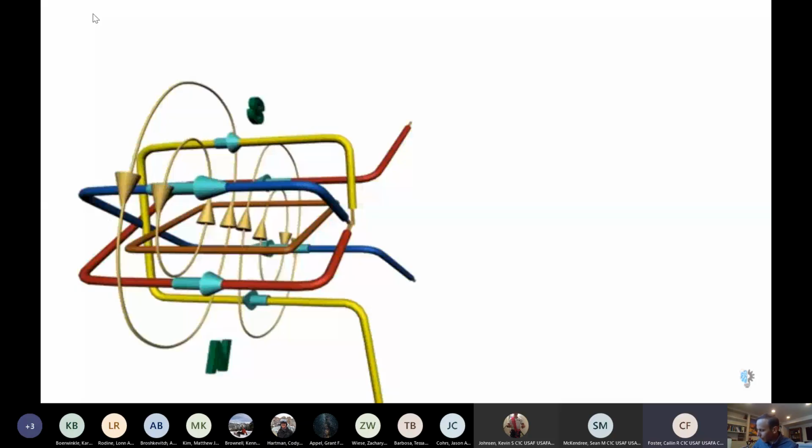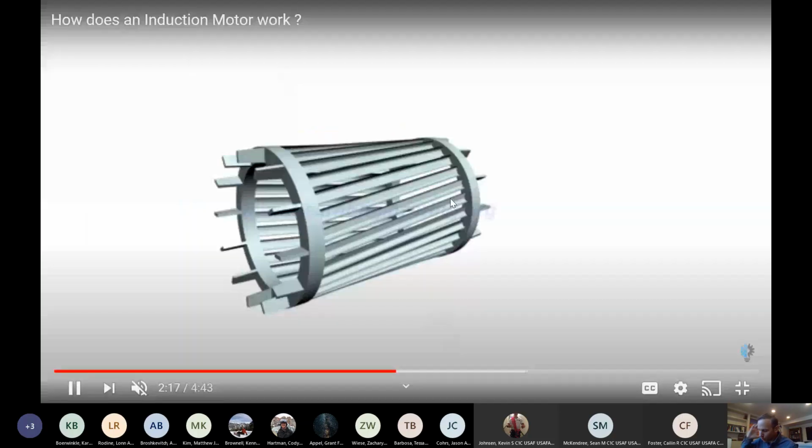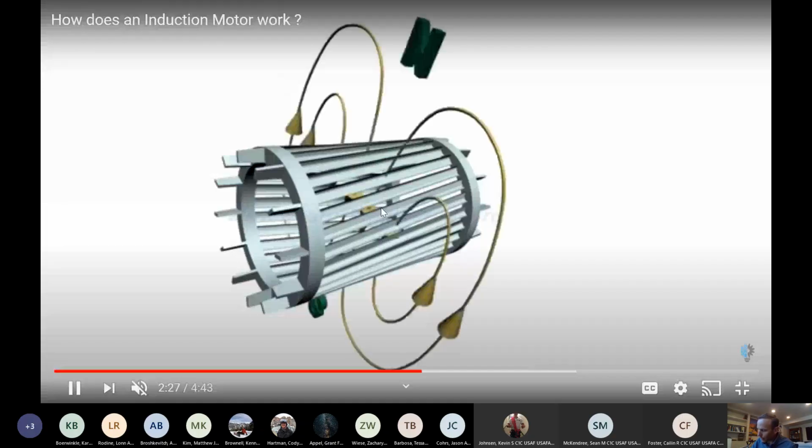Okay, so then the center of the motor has a core, and that's what the rotor is. This is called the squirrel cage, and it's designed very carefully. Those angled slots are intentional.